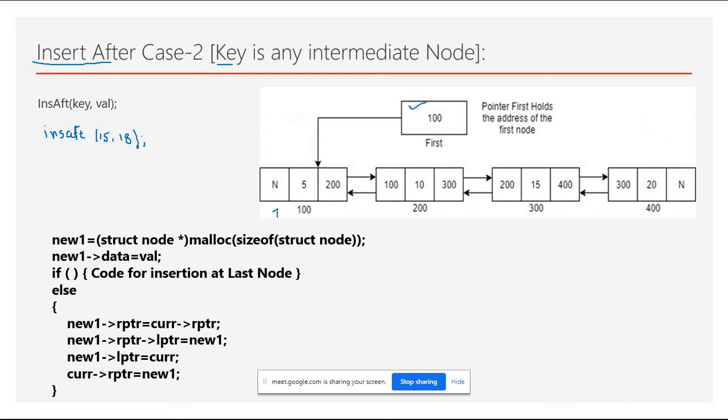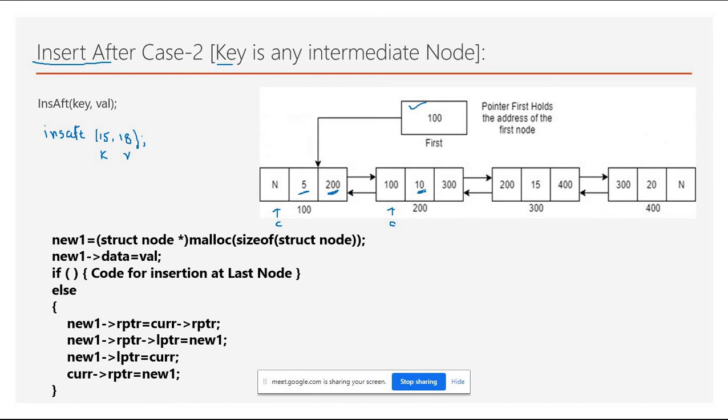So we will put our current pointer here. Currently our key value is what? Key is 15 and value is 18, right? We will check the data part. Is it same as the key? No, key is 15. In the data part what we have is 5. So we are just assigning this address, current's rptr address, to the current. So now your current pointer will come to the second node, to 200, right? Again we'll check whether the key value is here.